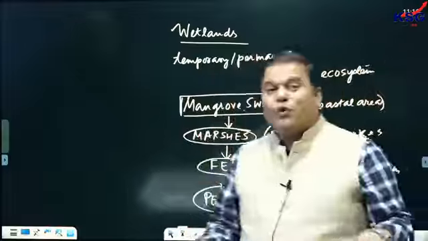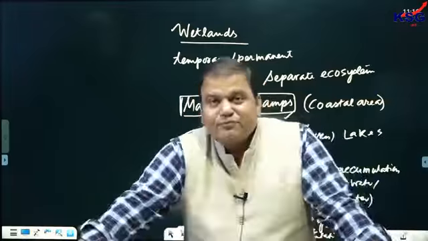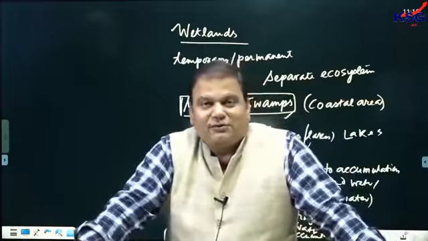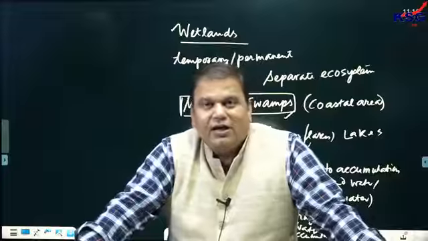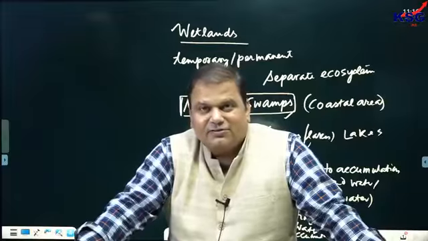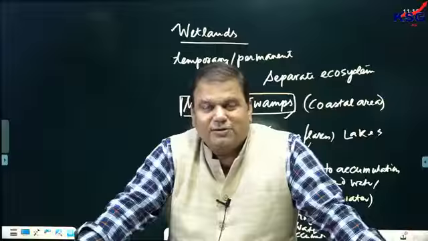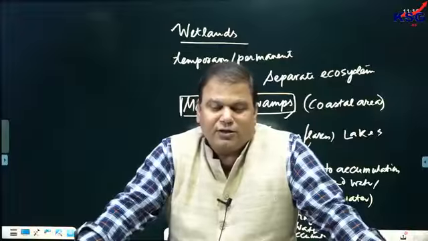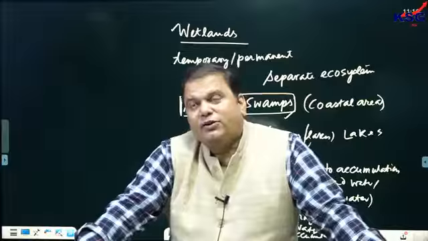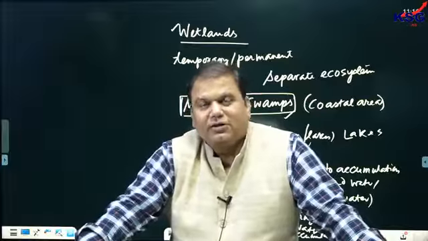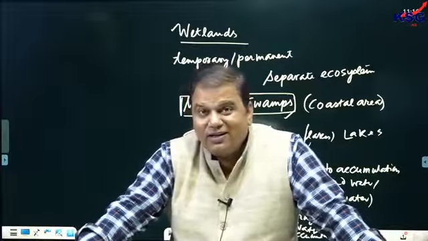So in the last class we have discussed what is ecological productivity, and where is ecological productivity maximum? Tropical rainforest. The net productivity we have discussed. And we discussed the factors responsible for determining ecological productivity, which is the amount of solar radiation and also the ability of plants through which they can convert solar energy into chemical energy.